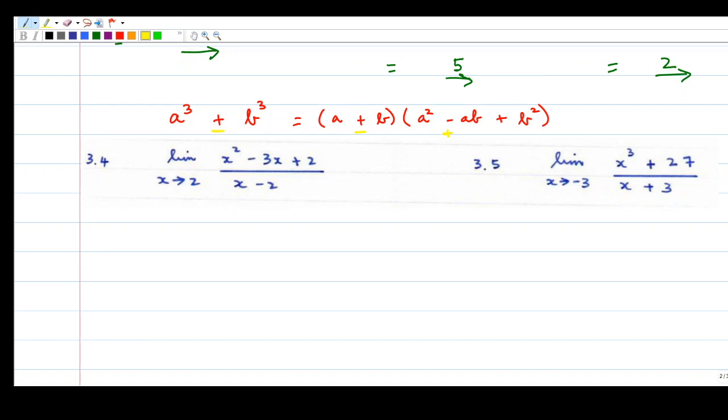Factorization of the sum or the difference of two cubes. That's your work from school. So let's continue now with number 5.